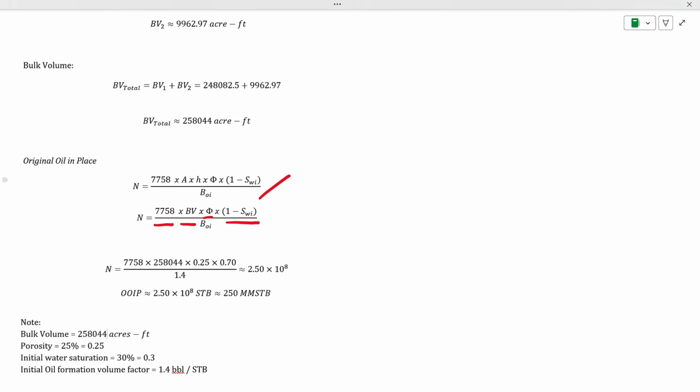If you calculate 1 minus this initial water saturation, that gives you the initial oil saturation, which corresponds to 0.7 or 70%. And lastly, the initial oil formation volume factor, that is 1.4. Simply substitute all the values, and the original oil in place is approximately 2.5 times 10 raised to 8 STB, or 250 MMSTB.